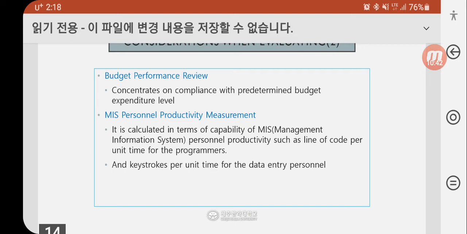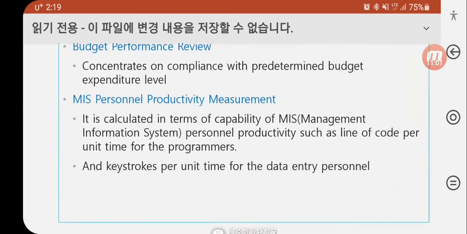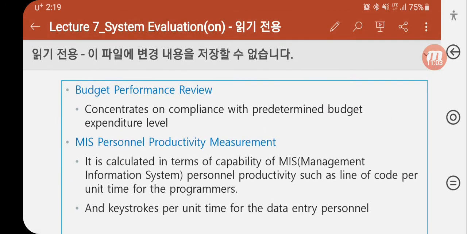And MIS personal productivity measurement. It is calculated in terms of the capability of MIS personnel productivities, such as lines of code per unit time for the programmers, and keystrokes per unit time for the data entry personnel.